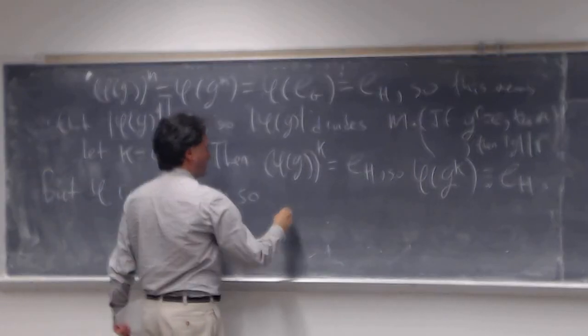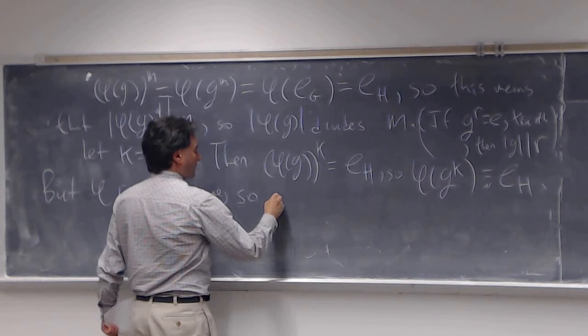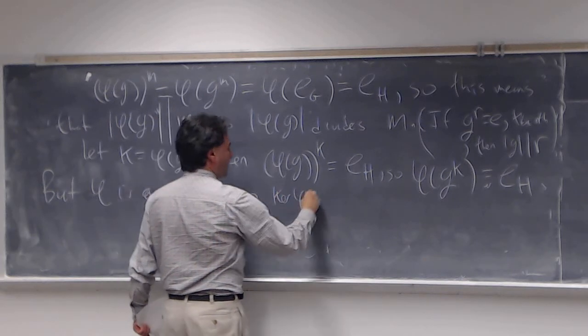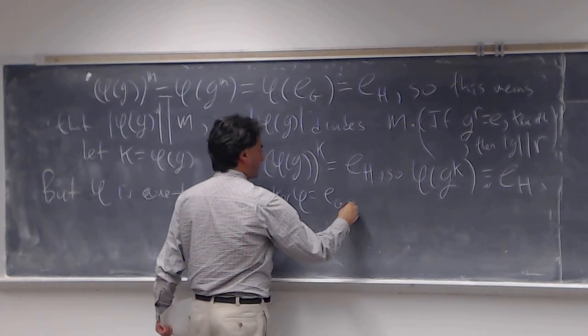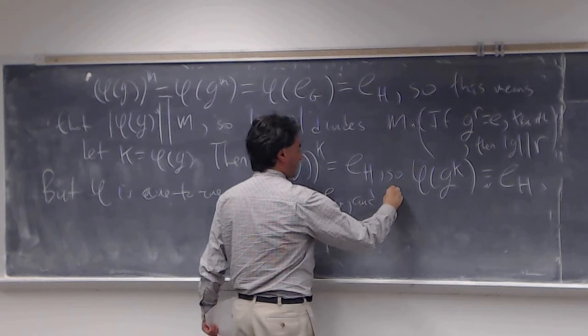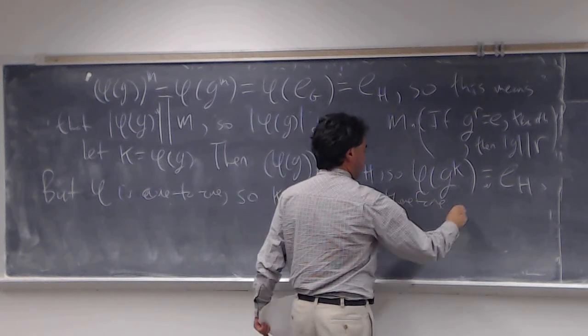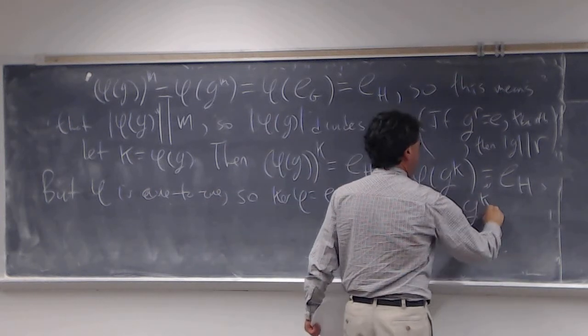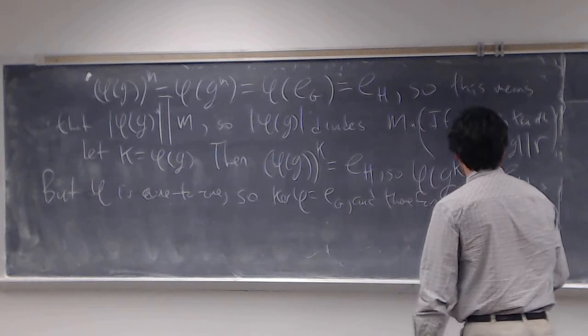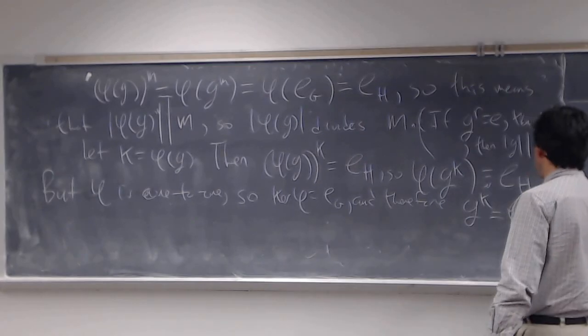So the kernel of phi is just the identity of G, and therefore phi of G to the K is equal to EG.